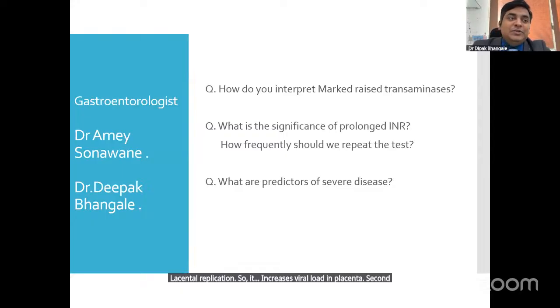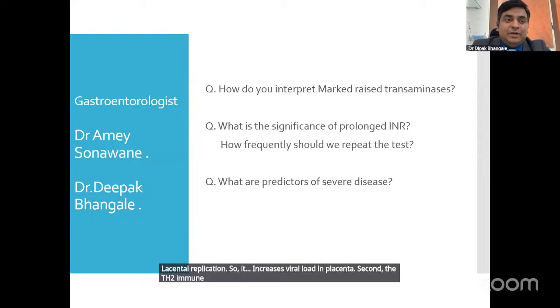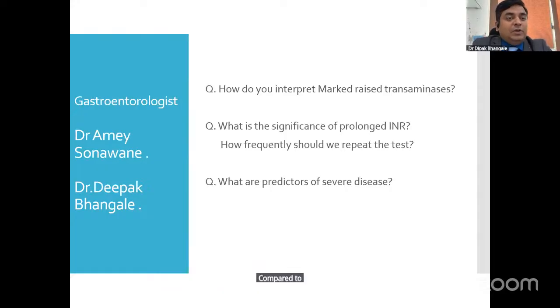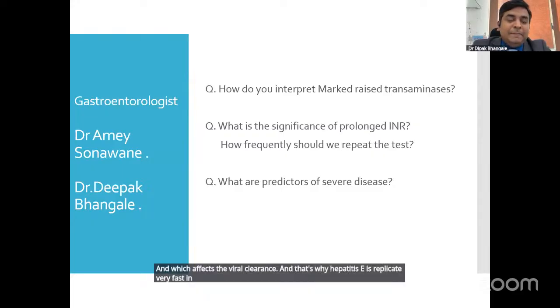Second, the Th2 immune bias is there in pregnancy, so cell-mediated immunity is lower compared to a normal person, which affects viral clearance. And that's why hepatitis E replicates very fast in pregnancy.